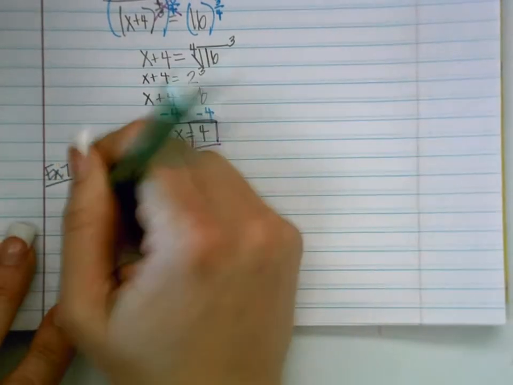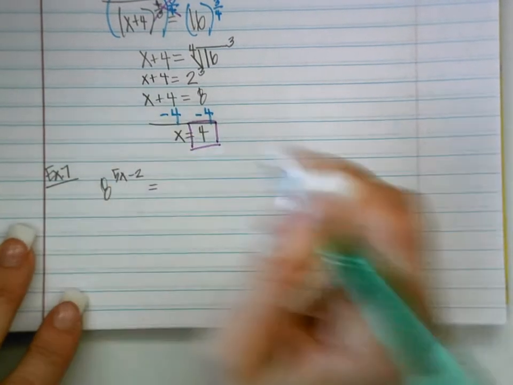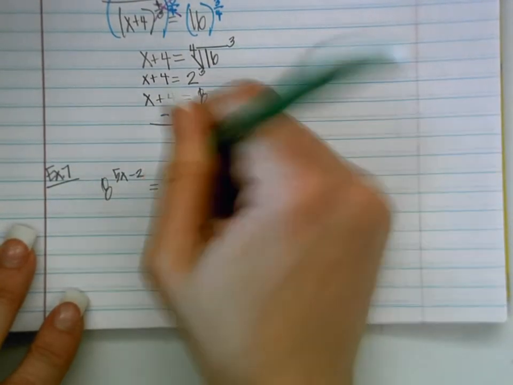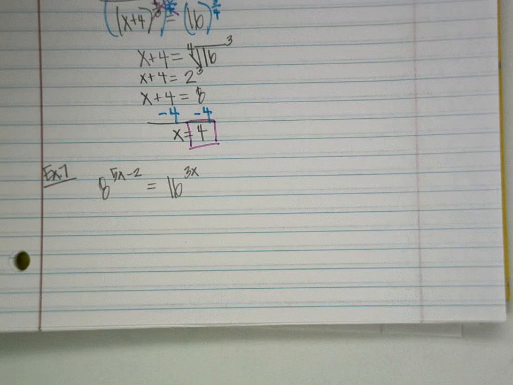If I gave you 8 to the 5x minus 2 equals 16 to the 3x power. You first have to figure out what base 8 and 16 have in common.